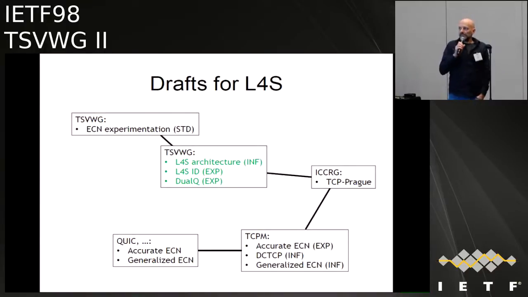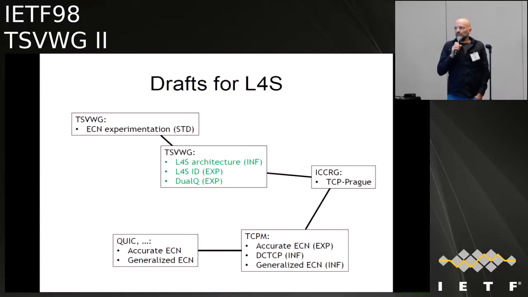So first is an overview of the different drafts. The ones in green are the L4S specific drafts in TSVWG. The first one is the architecture. It's giving an overview. It's an informal draft. Then the second one is about how to recognize L4S traffic in the internet, so how to identify the packets.